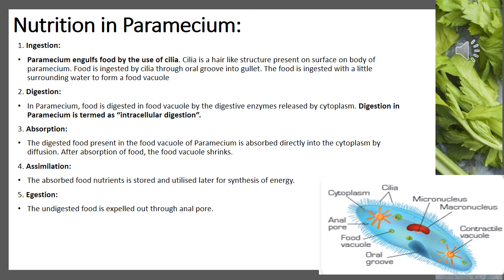After absorption, the food vacuole shrinks. Of course it is transported to the entire body and utilized later for synthesis of energy. And the last process is of course egestion, where the undigested food is expelled out through the anal pore.